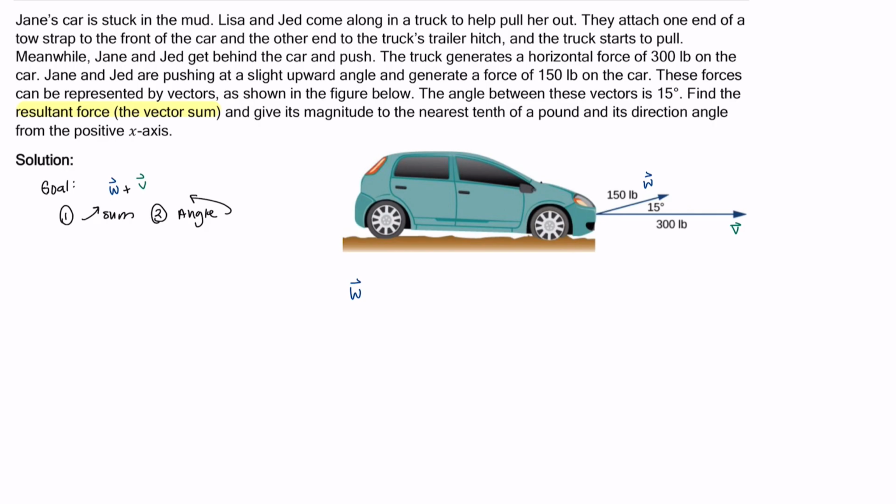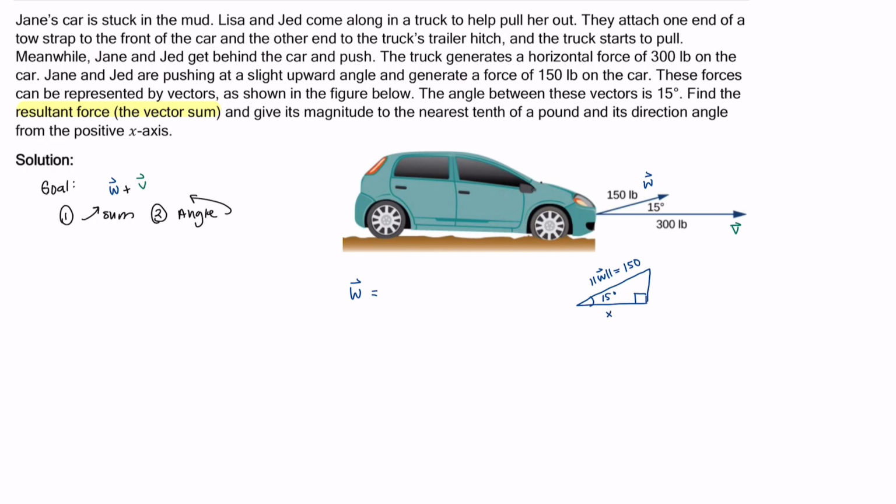Let's start with W. Now, W, you can find its x component using right triangle trigonometry. So if I sketch out a little aside triangle, this is the magnitude of W, which is equal to 150.